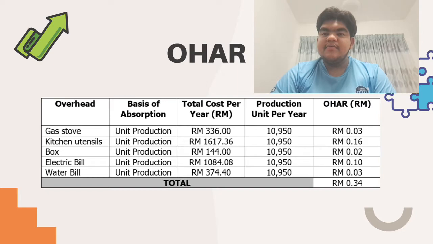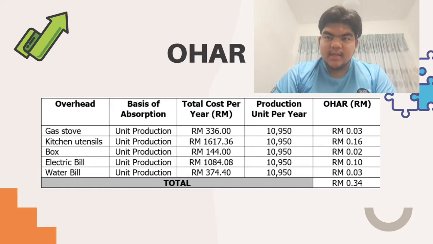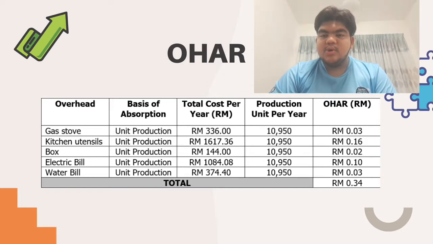Production unit per year of 10,950 and OHA of RM0.02. Next item is electric bill, with total cost per year of RM1084.08. Production unit per year of 10,950 and OHA of RM0.10.